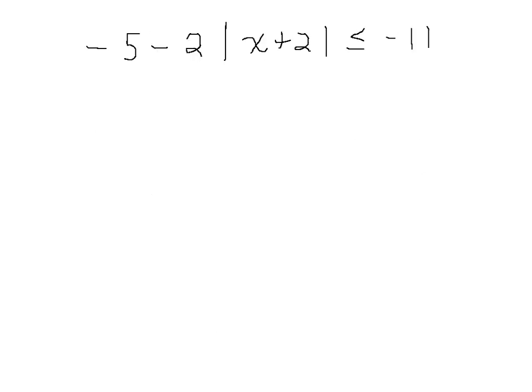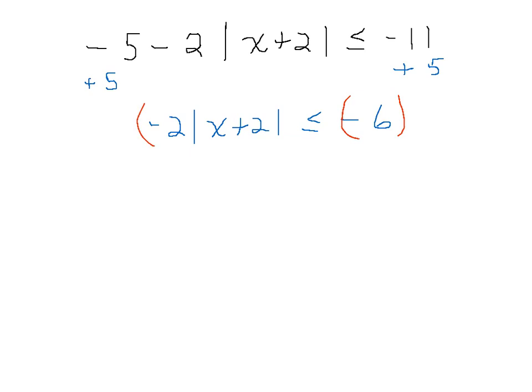Okay, so here's a problem which is a step up in difficulty. And so let's go through each of the steps in solving this. So what I'll do first is I'll add 5 to each side. And that gives me minus 2 times the absolute value of x plus 2 is less than or equal to minus 6. So what I want to do now is multiply both sides by minus 1/2.